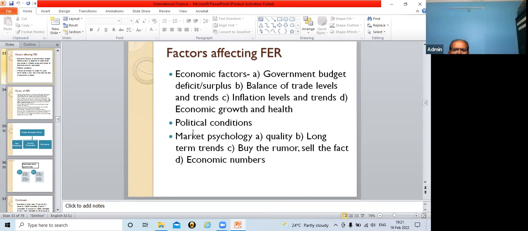Second factor is political condition. Political condition also matters a lot. A country which has a stable government can have firm policies, and because of this firm policy, foreign countries get surety that if this government continues its duration, say, in the case of India, our duration for the central government is a minimum of 5 years.